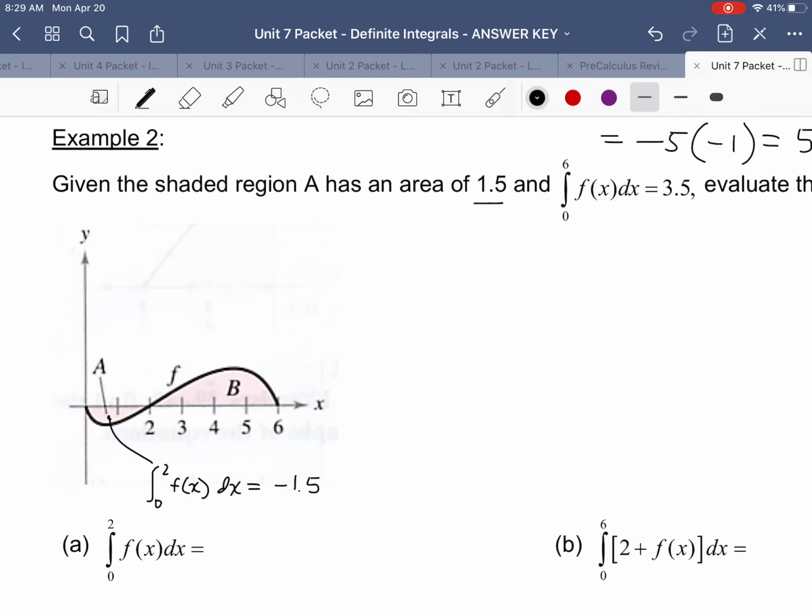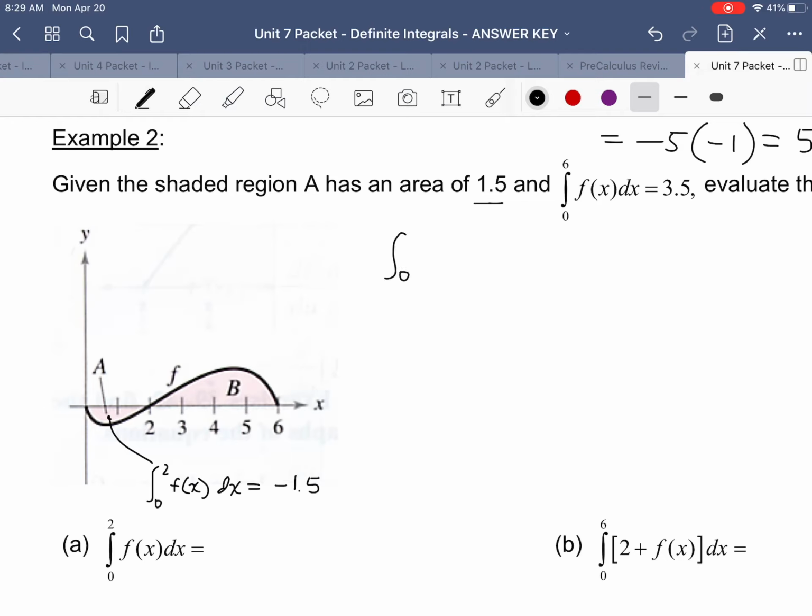All right. They tell us that the integral on the interval of 0 to 6 is equal to 3.5. So I'm actually going to set up a little equation here. We didn't know we could do that, which is why we're in this class. Very good.